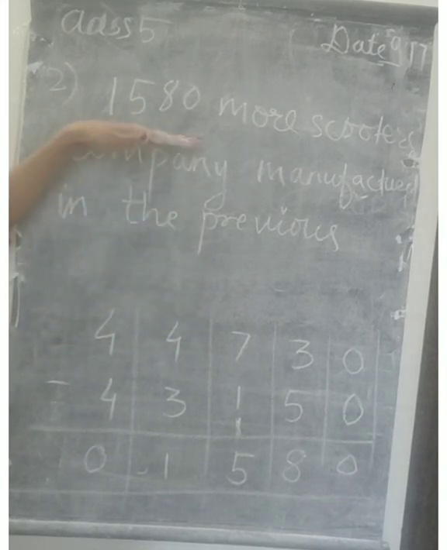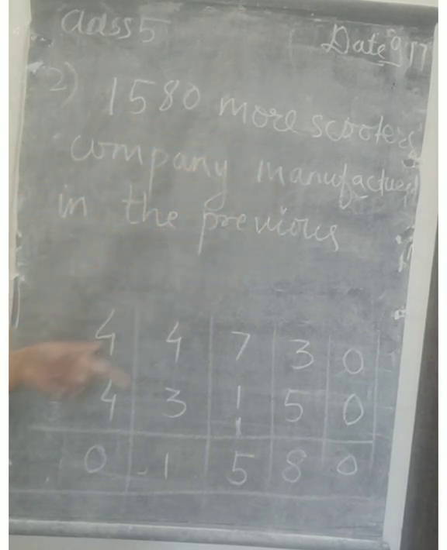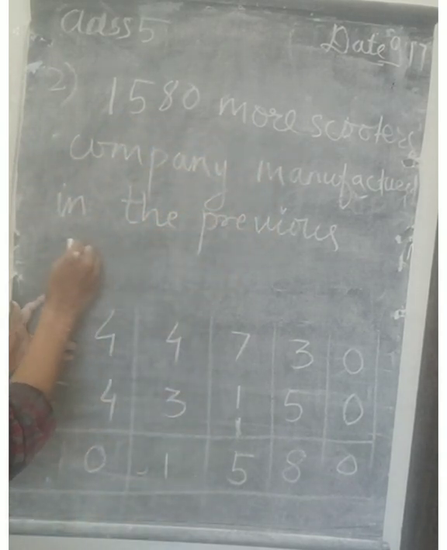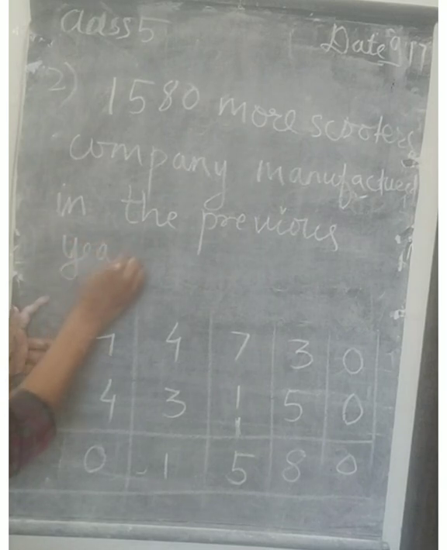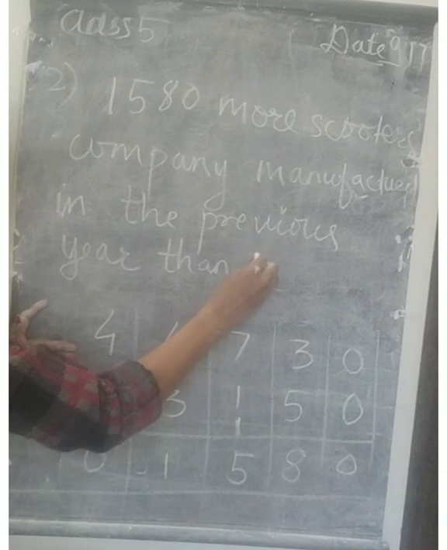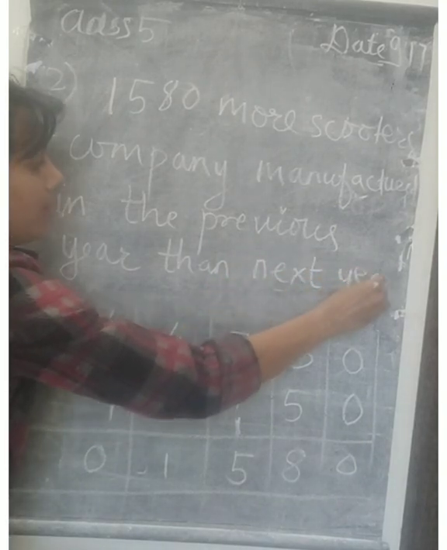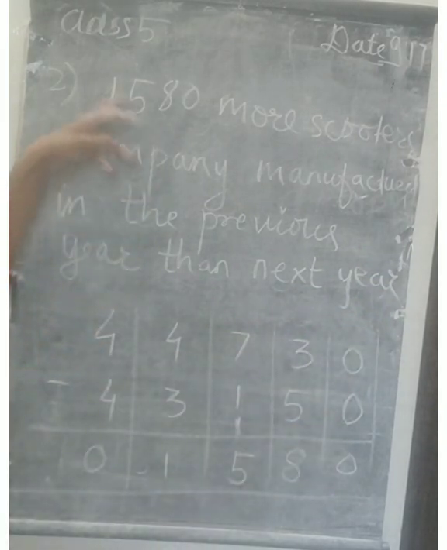So we are writing 1,580 more scooters. Okay, they produced in the previous year than the next year. Next year से ज़्यादा previous year में production हुआ था, and that's why we are writing this.